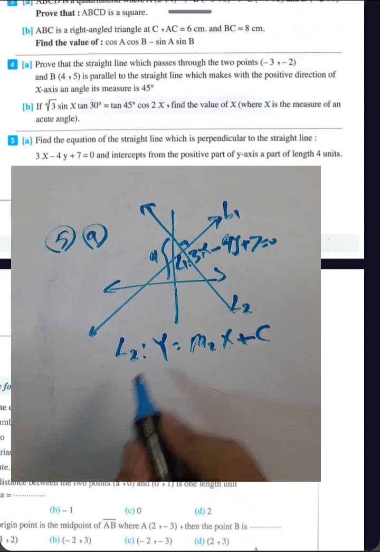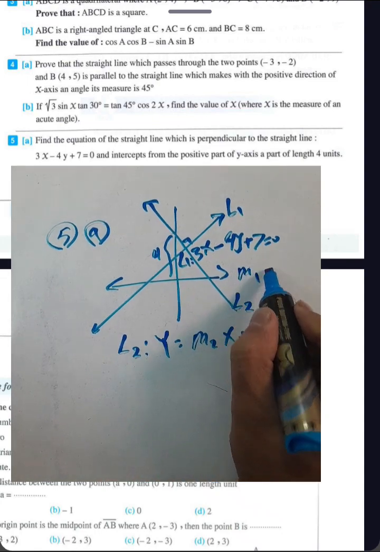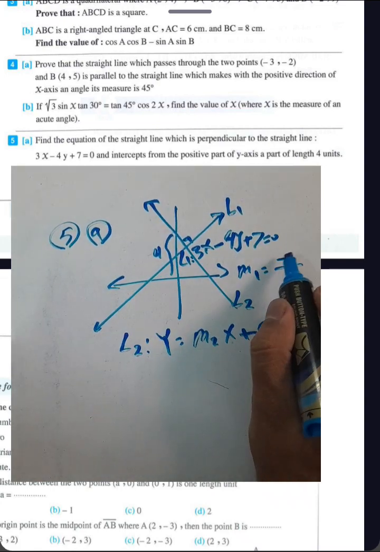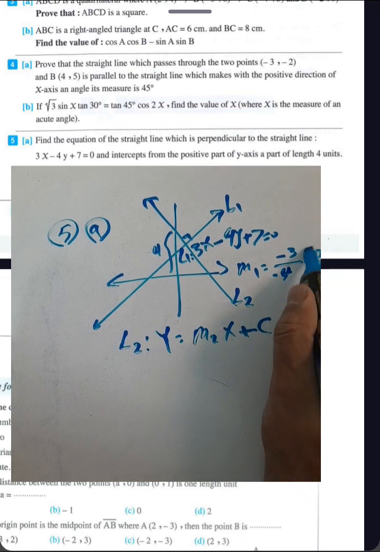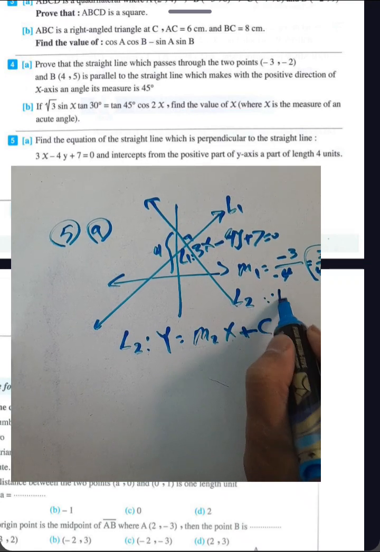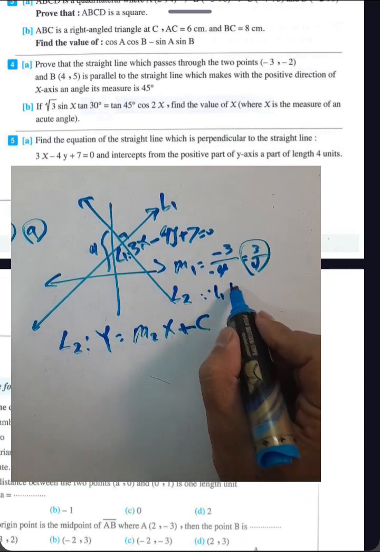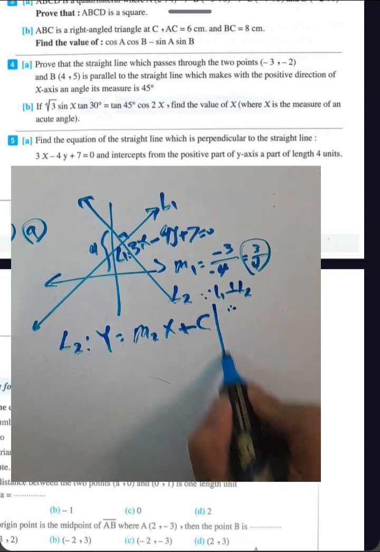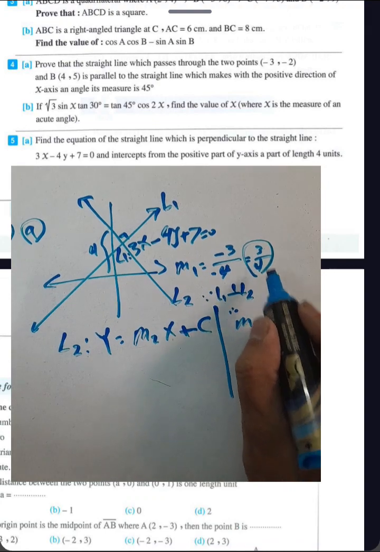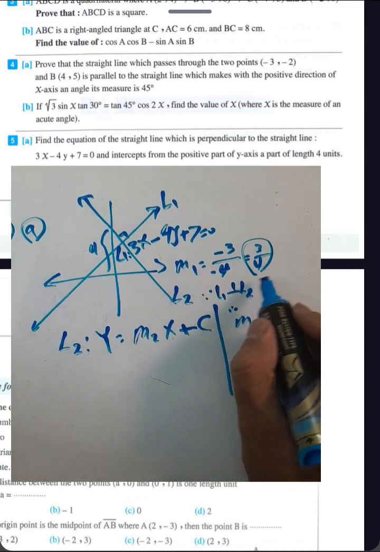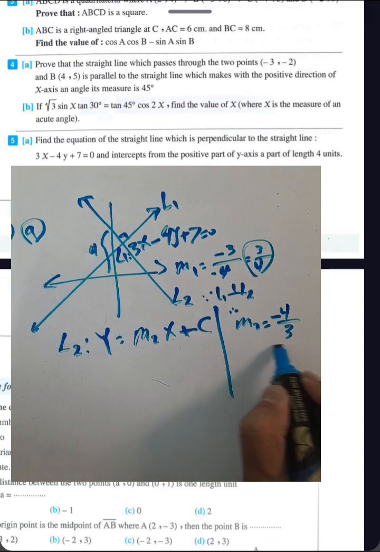Okay, we know the slope 1, it will be negative coefficient of x over coefficient of y, negative 3 over negative 4, it will be 3 over 4. And then such that L1 perpendicular to L2, then m2 it will be inverse with the sign negative, and inverse the fraction, it will be negative 4 over 3.